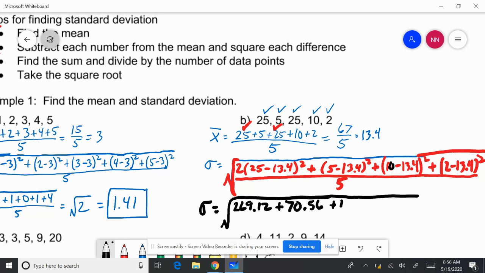And I get 11.56. And then my last one, I'm going to go 2 minus 13.4. Then I'm going to square it, and that gives me 129.96. Dividing the whole thing by 5.